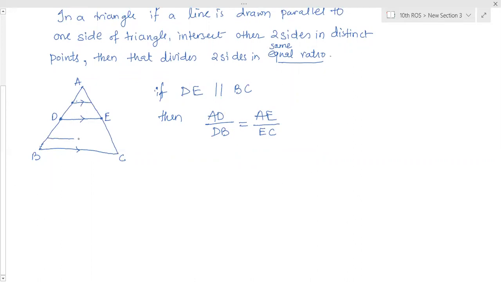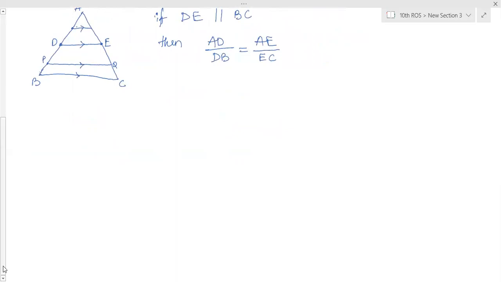Here also you can draw this line, which is parallel to BC. Can we say that AP and BP are equal? No, ma'am. So the ratios in which these sides are cut, they are equal. Okay, ma'am. So we have to prove it also.